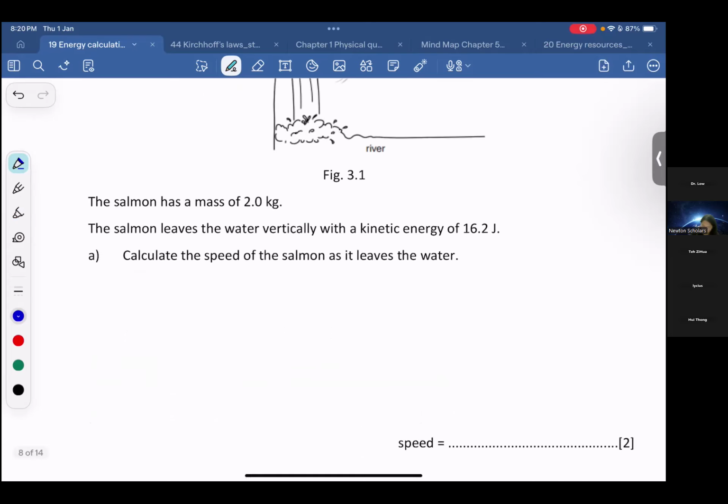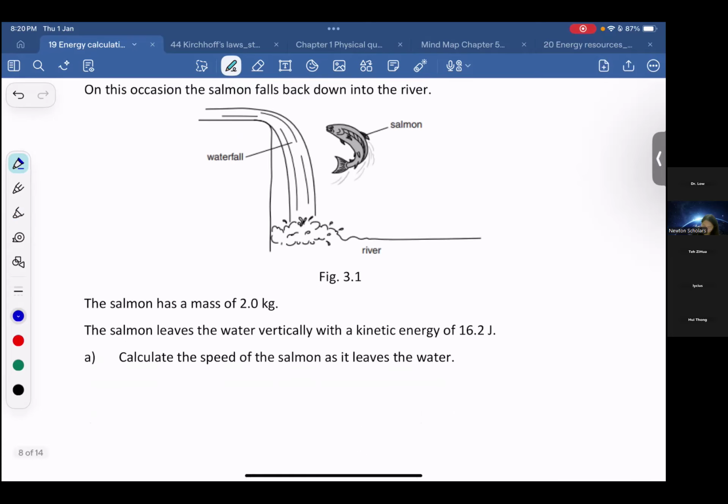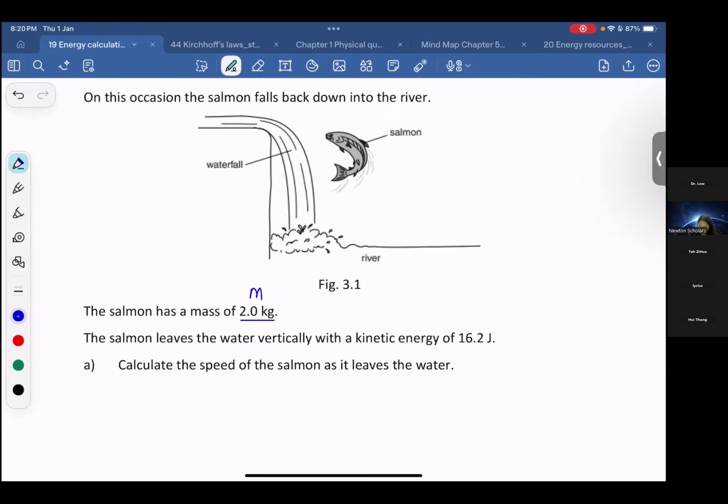The mass, this is mass, underline, this is M. Then the salmon leaves the water vertically with a kinetic energy. So jumping, starting is kinetic energy. You jump until a certain height, so what is the energy? GPE. Starting here, the fish is here, jump. So here is kinetic energy, here is GPE.